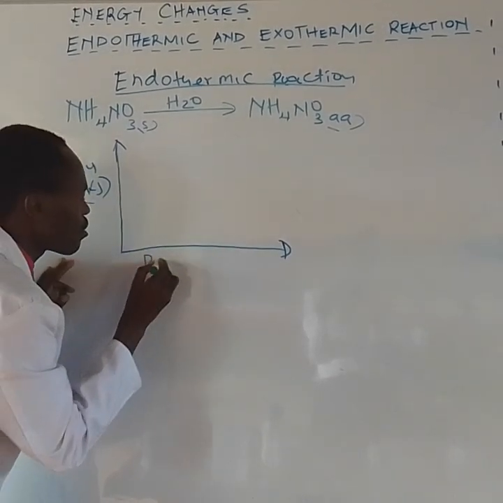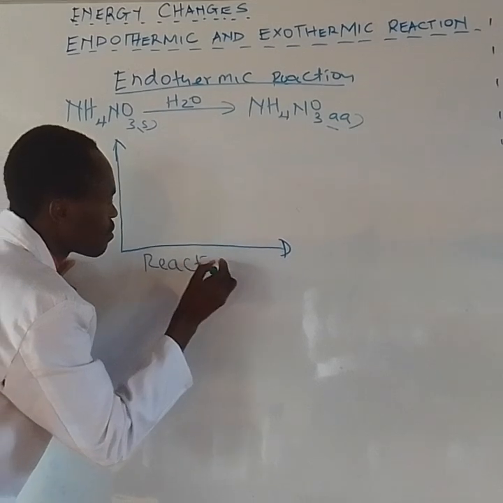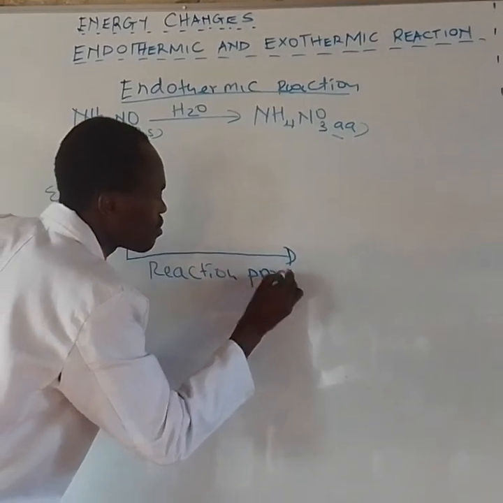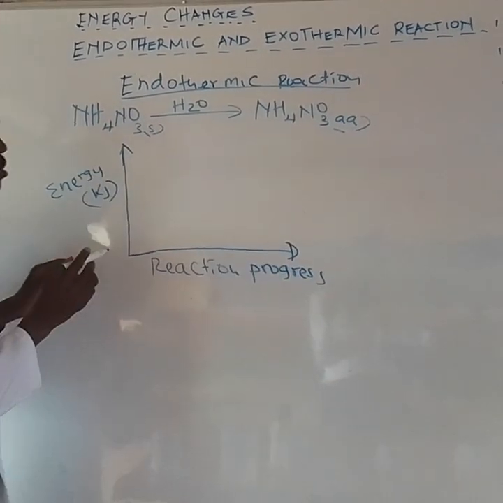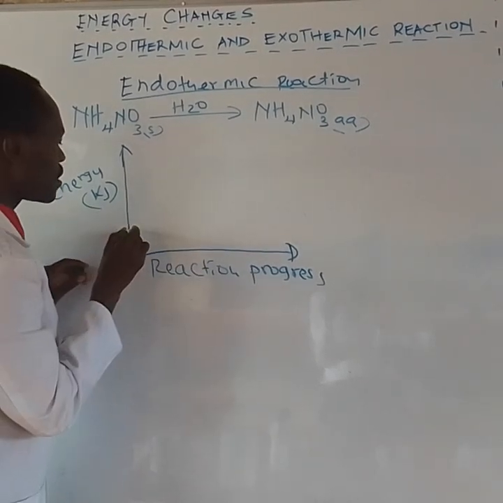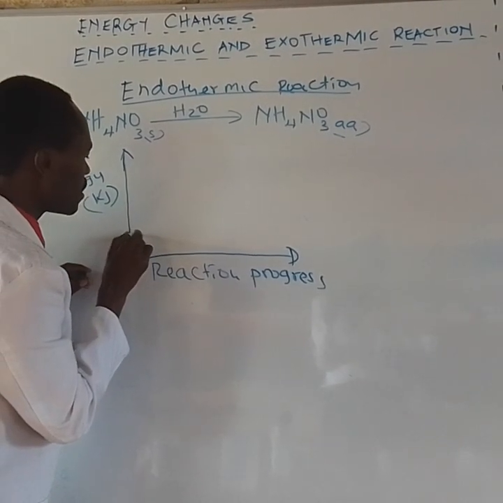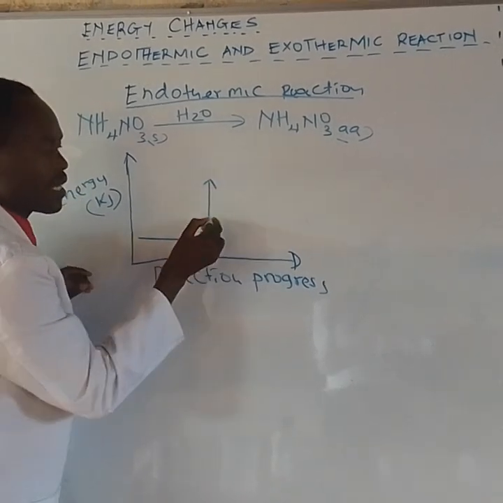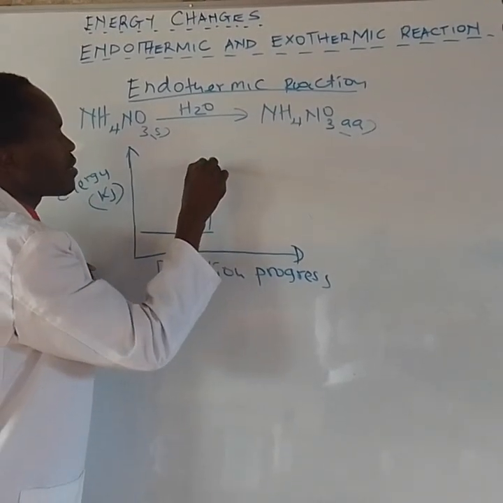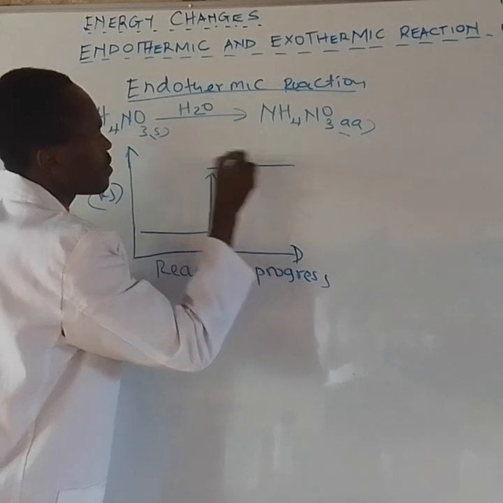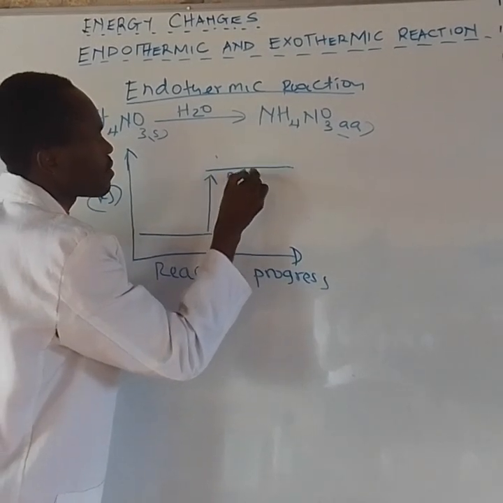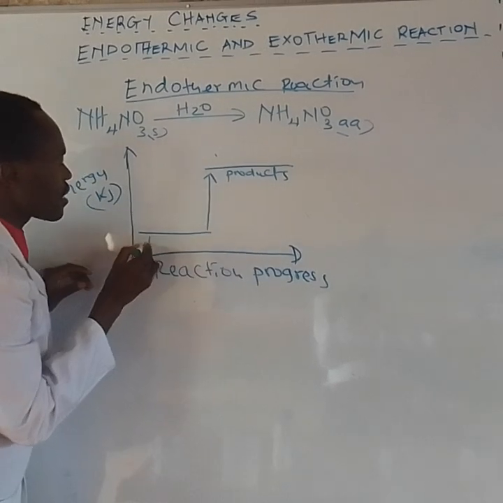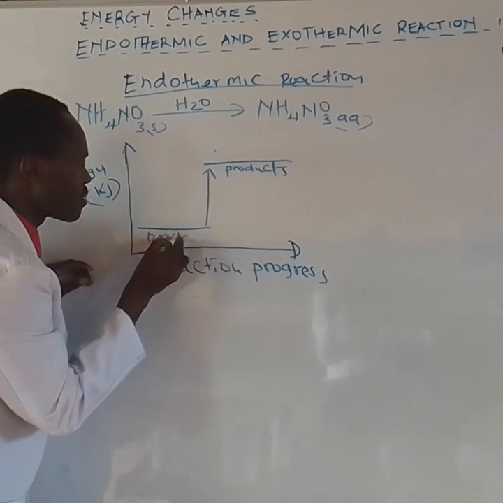Then here we have reaction progress. So when we are representing this, the reactants will be here. Then after the heat change, the products are here.